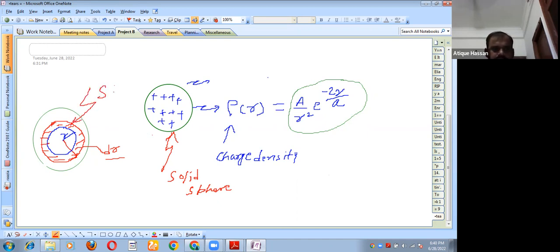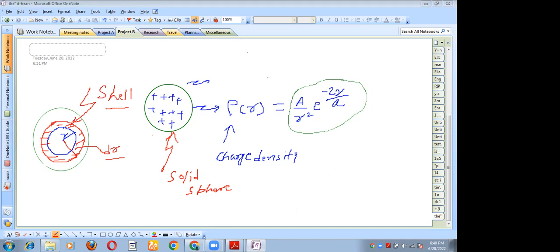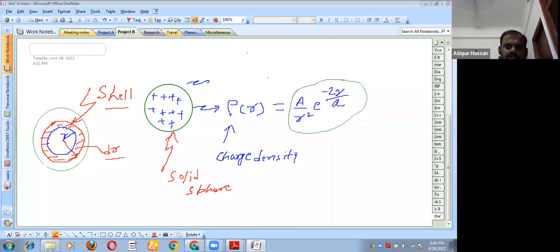So we have considered one spherical shell. Have you got it? Its radius is r and its thickness is dr. Are you getting it, Yashika? Yes, sir. So now first we will find the charge on the elementary shell. Then to find the total charge, we will integrate it.